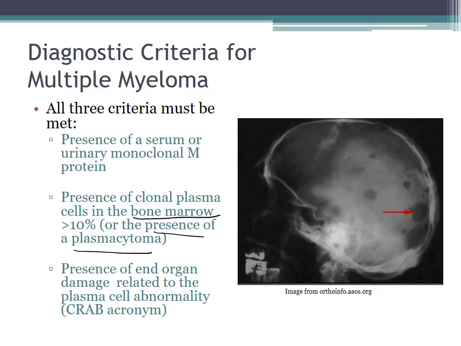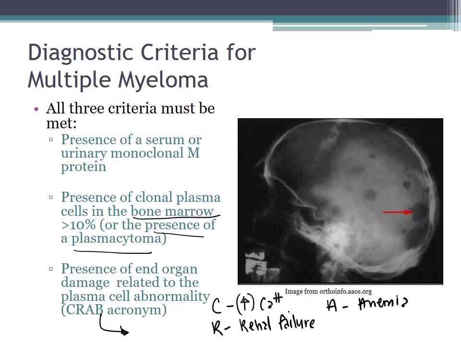The third criteria is the presence of end organ damage that is related to some sort of plasma cell abnormality, and this is done by the CRAB acronym, and that will be C, which is for hypercalcemia, R, which is for the renal failure, A, which is anemia, and B, which is those bone lesions, which are considered lytic lesions.